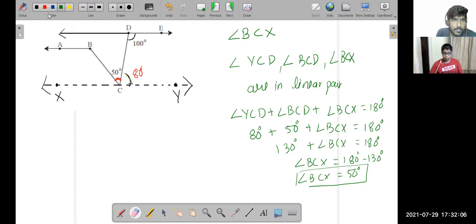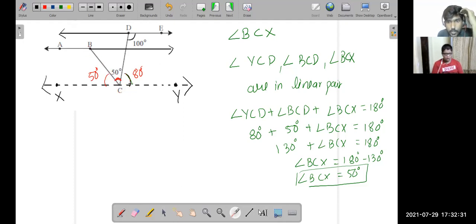So this I'll write here 50. Now, I'll just extend this. Now if you look at it, AB is parallel to XY and BC is a transversal.